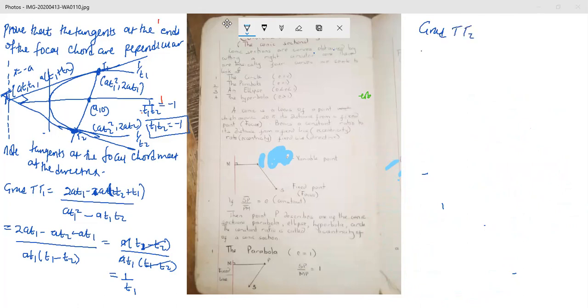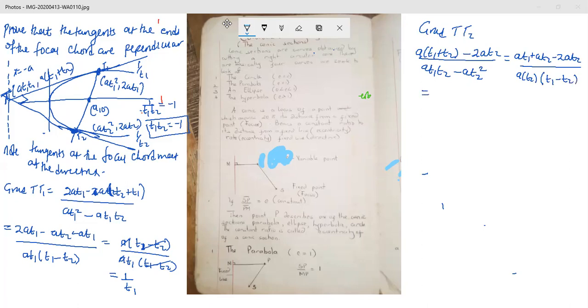This will give me (a(t1 plus t2) minus 2a t2) over (a t1 t2 minus a t2 squared).